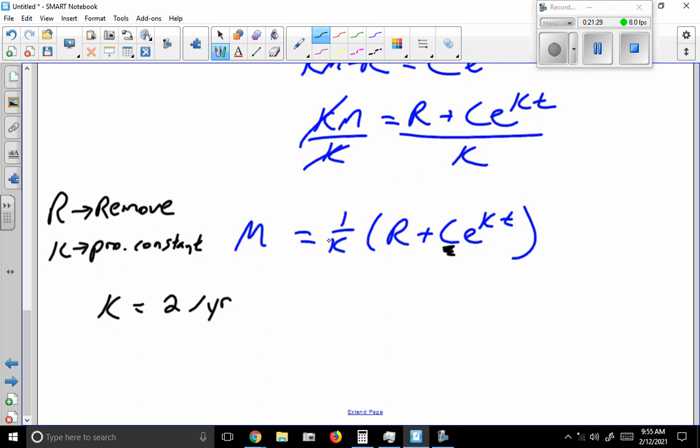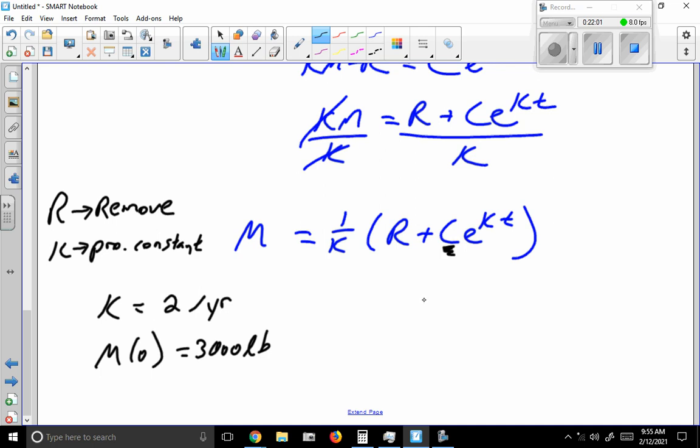Once we know what k is, then we can use an initial amount of whatever our initial amount is, maybe 3,000 pounds. If we know k, when we substitute 0 in for t, e to the 0 is 1. That leaves us c. We know r. If we know k, then c would be the only unknown in there, and we could solve that for c.